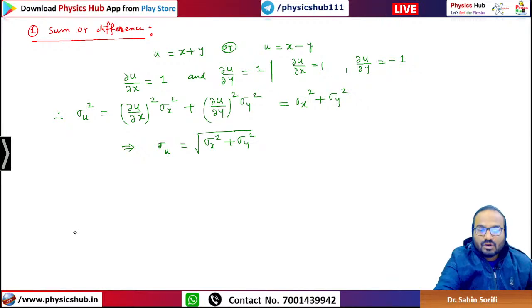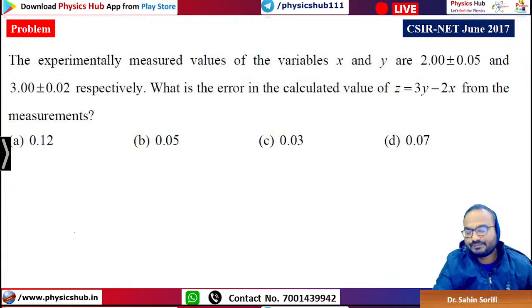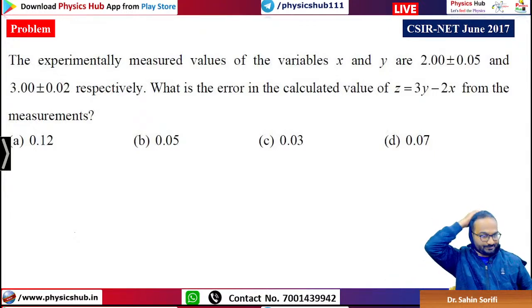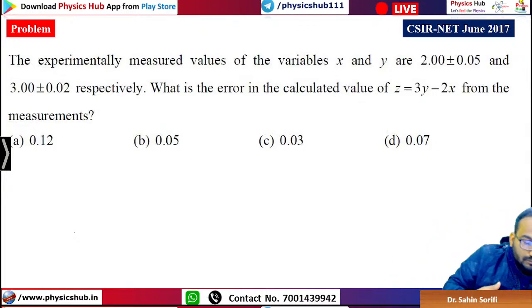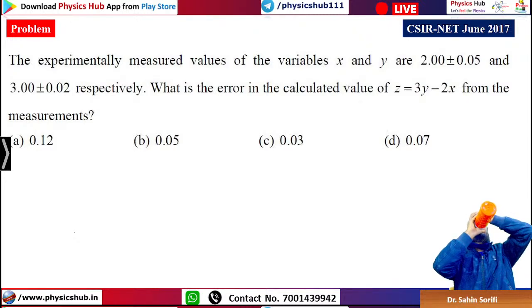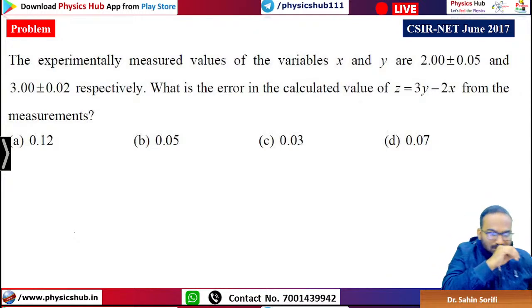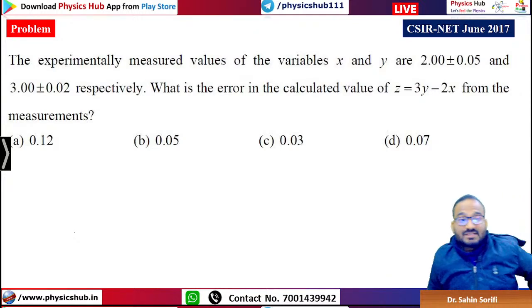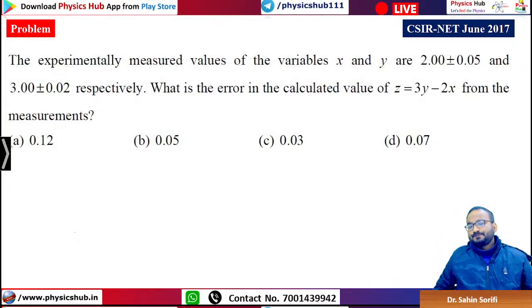Let me give you a problem, then do it. This came in June 2017. The experimentally measured values of the variables x and y are 2 plus minus 0.05 and 3 plus minus 0.02 respectively.